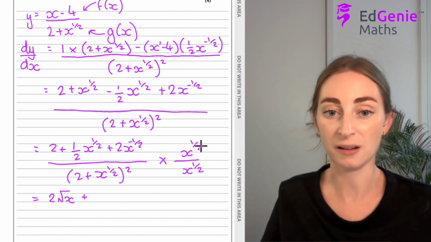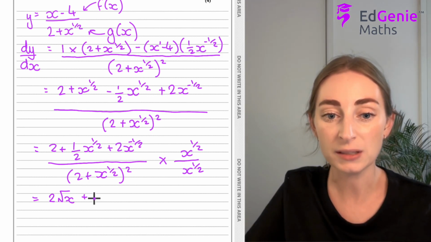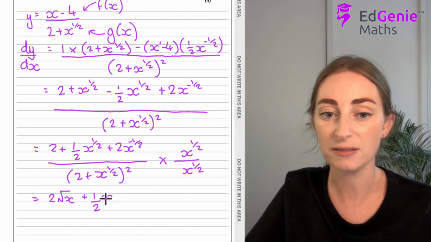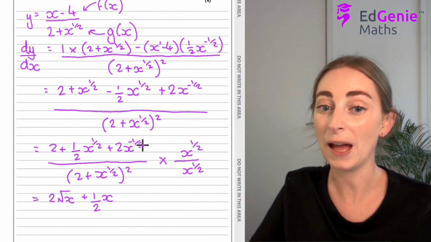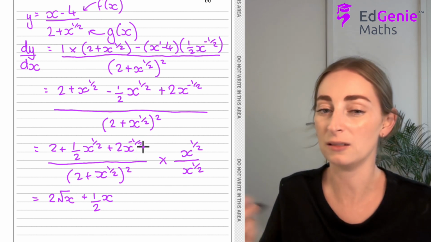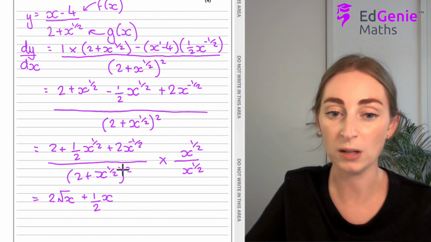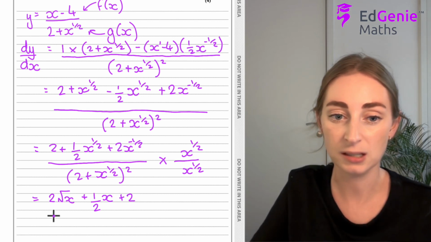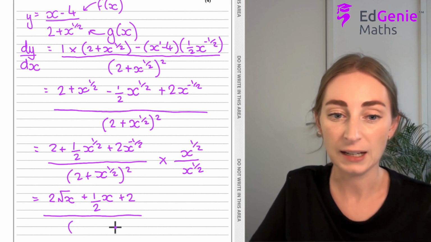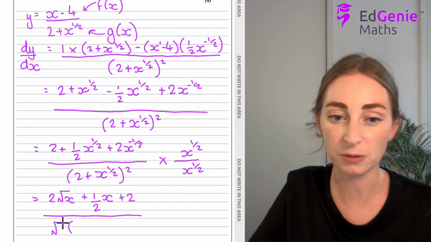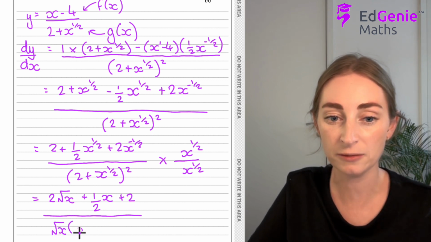A half plus a half makes 1, so it's going to be a half x, like that. Here, again, you add the powers, so that actually makes x to the power of 0, which we know is 1, so that's just going to be plus 2. All over, and here as well, we've got to multiply it by x to the power of a half.